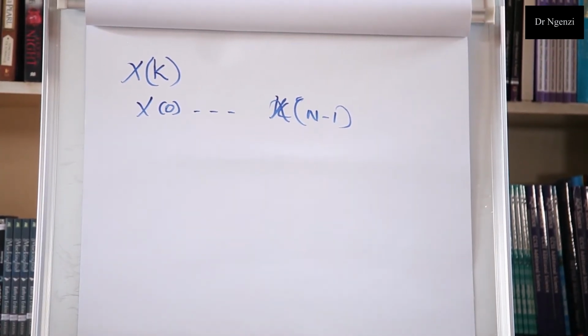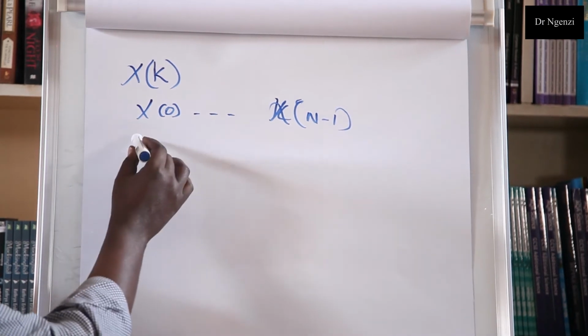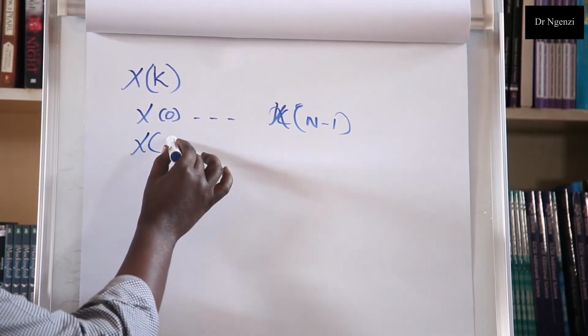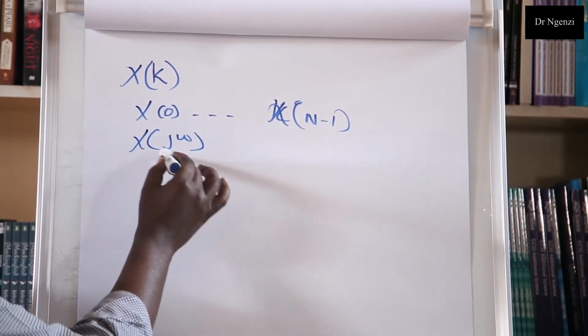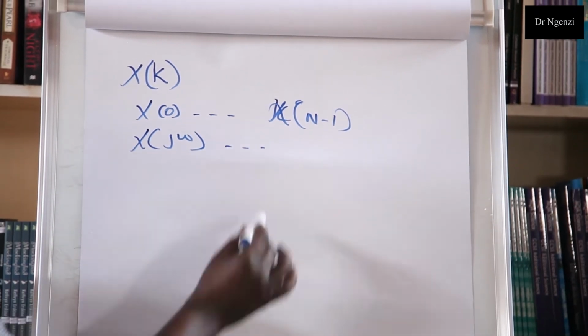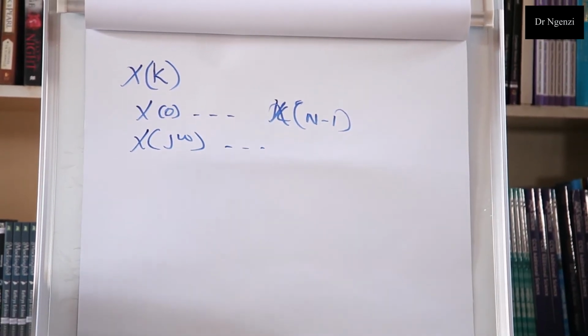But if it is infinite, for example X of e^(jω), in this case it is harder to analyze the frequency.